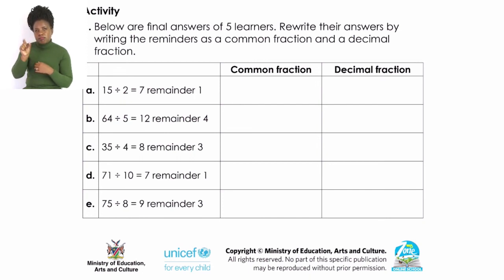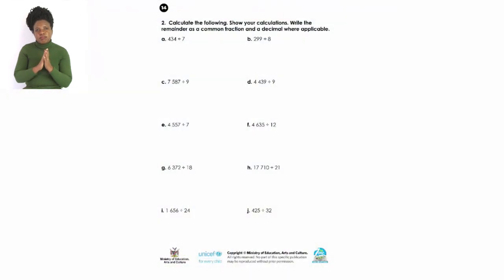Okay, let's go to the next page. On page 14, it says, number 2, calculate the following. Show your calculations. Write the remainder as a common fraction and as a decimal fraction where applicable.